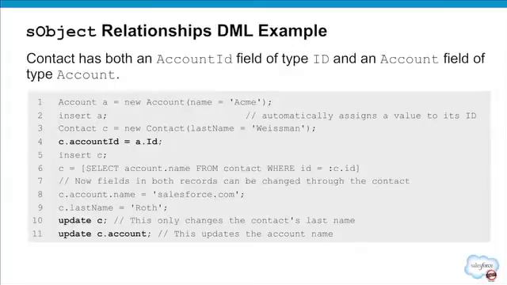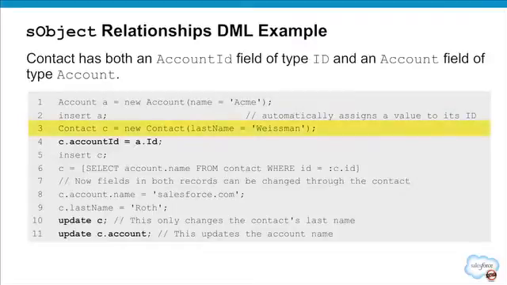One of the key things that happens anytime you do an insert is that we will return the ID of that record. So after line 2, A now has a populated ID field. By the way, the database always sets IDs. You do not have the power to define your own IDs. They're always database generated.